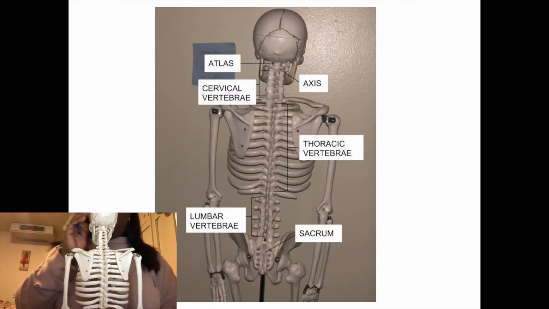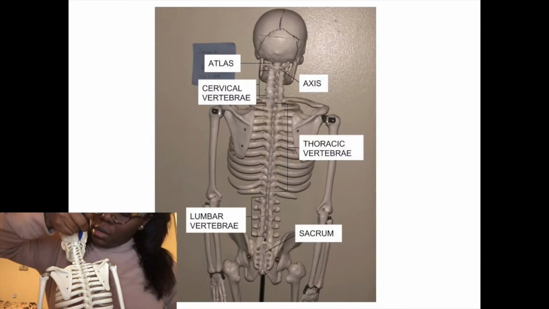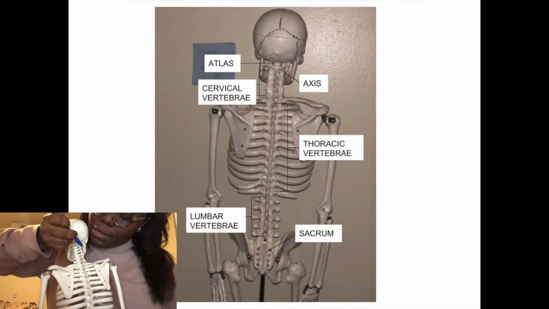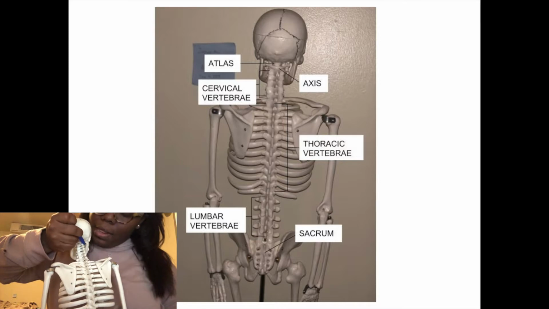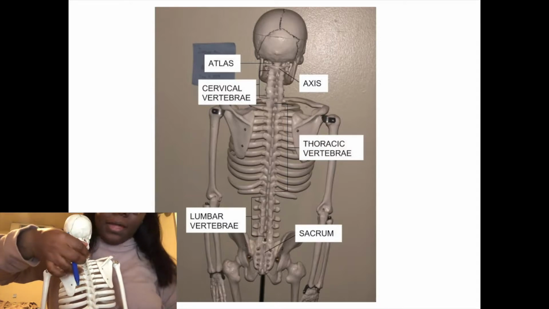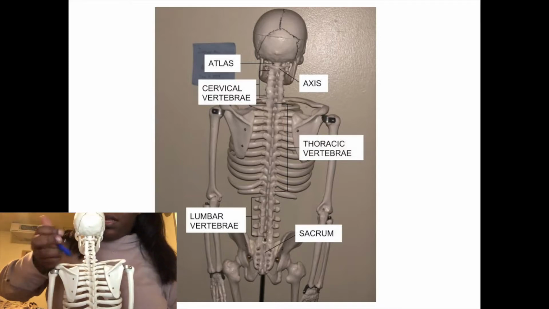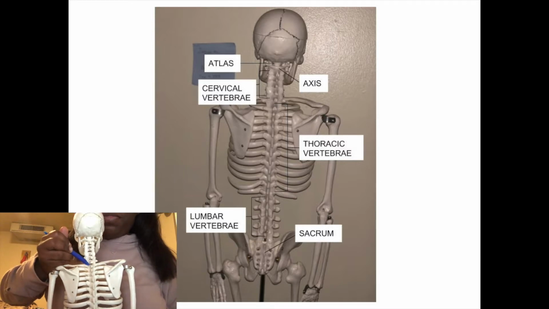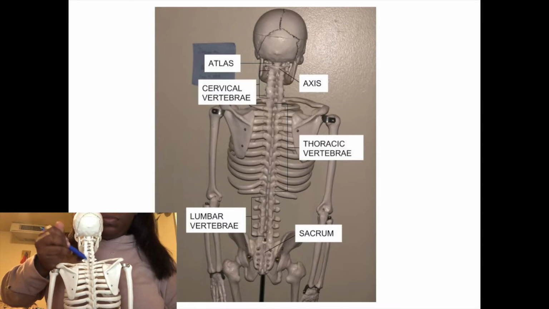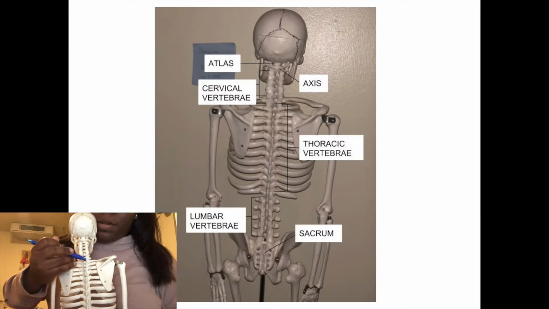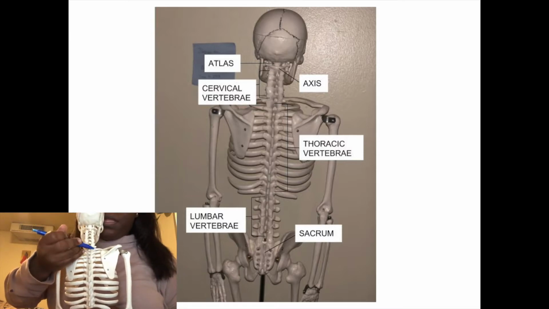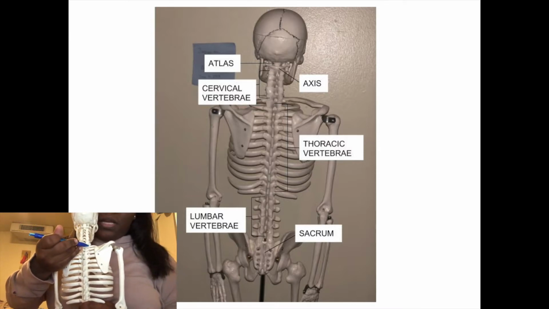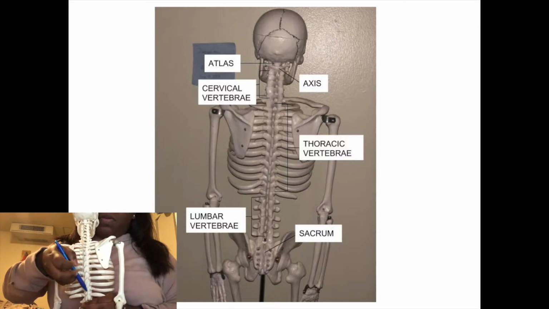In the vertebral column, this is the atlas. The axis is right below it. And then below that, so we're talking about this region right here, is the cervical. The thoracic vertebrae extends from this point right here to this point right here.